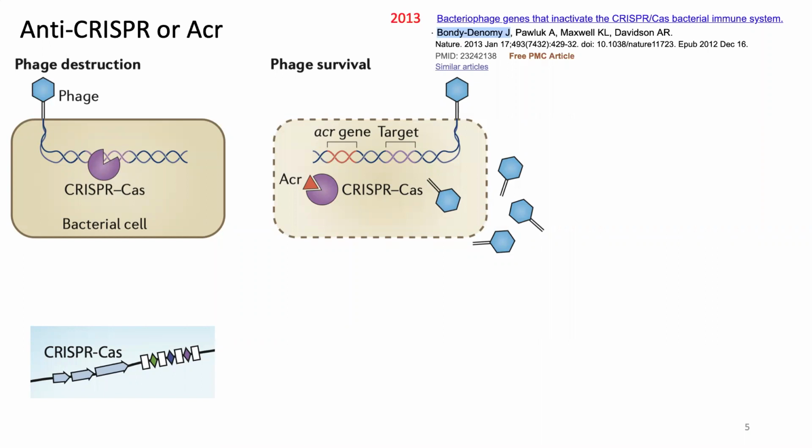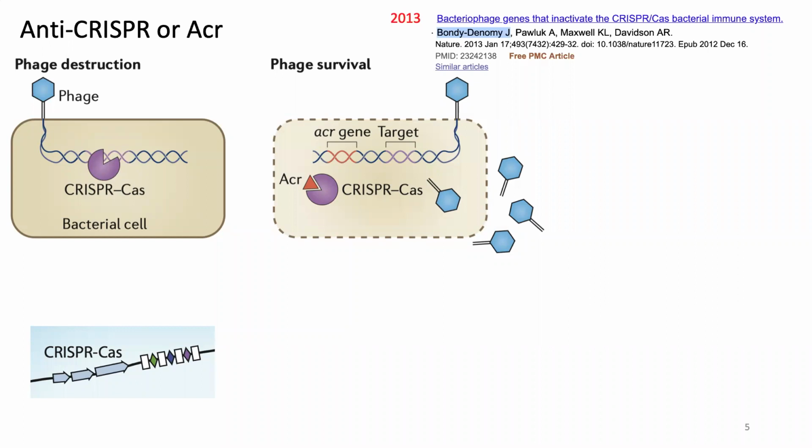Shown in the bottom is the diagram of CRISPR-Cas loci, which contains Cas genes and CRISPR arrays, shown as small diamonds and squares. However, some phage genomes contain Acr genes. Those Acr proteins, shown in the middle of the figure as red triangles, bind to Cas to inhibit cutting of the phage genome, so that the phage will survive.